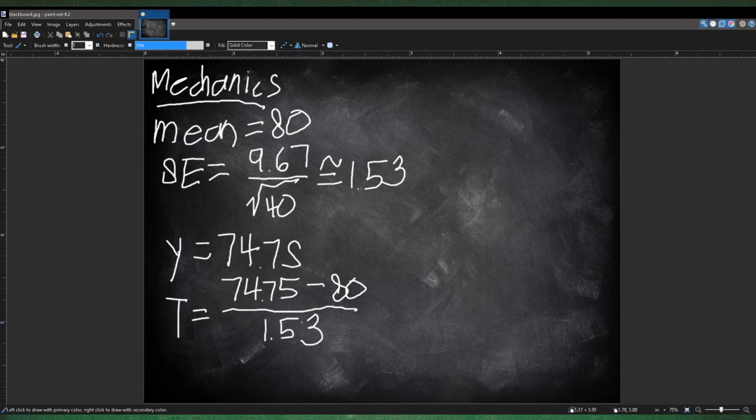So using your calculator, 74.75 minus 80 divided by 1.53 is approximately equal to negative 3.43. And you have to write your degrees of freedom, df, which is just n minus 1. So your n is 40, so 40 minus 1 is 39. So you have a t-score of negative 3.43 with 39 degrees of freedom.